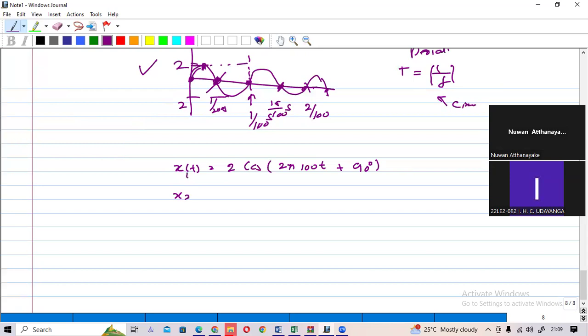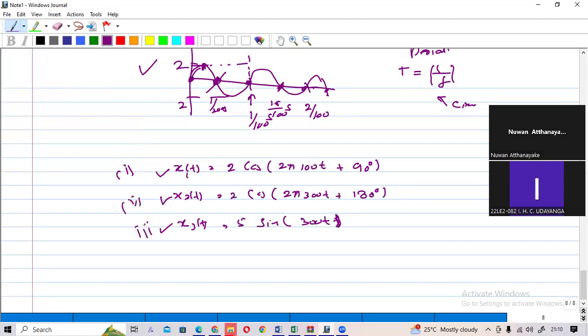Then the next, 2 cos(2π 300 t + 180). Then the third, 5 cos(2π 300 t + something). Try to draw these three signals as a homework.